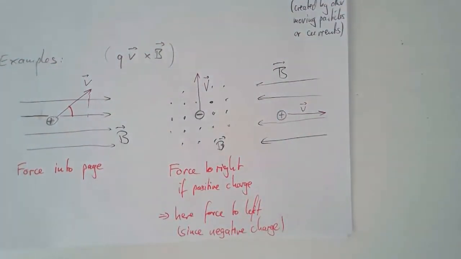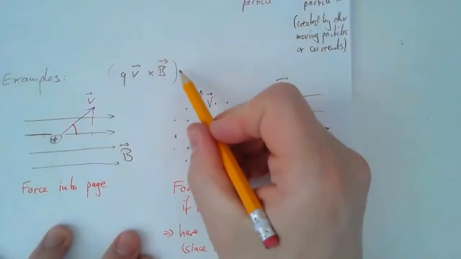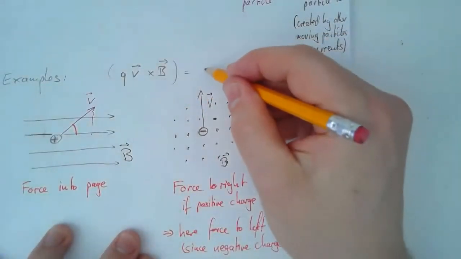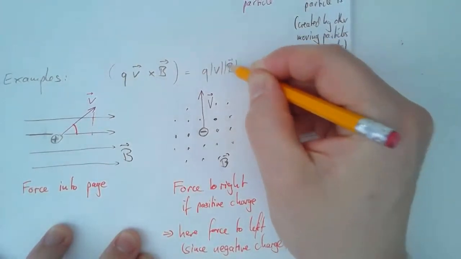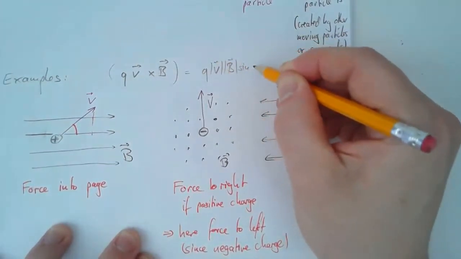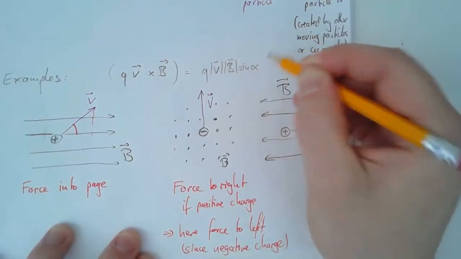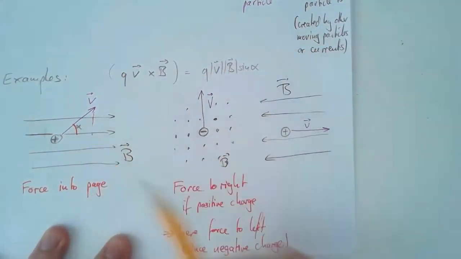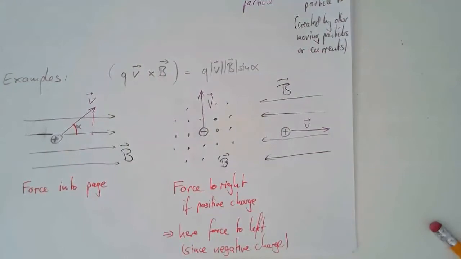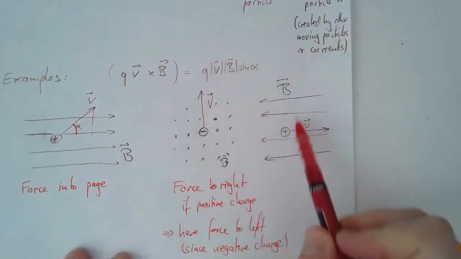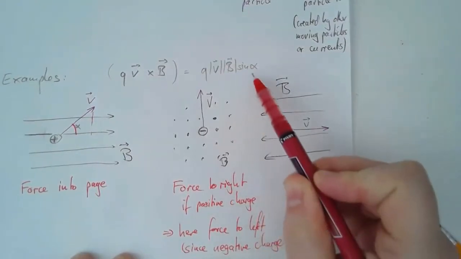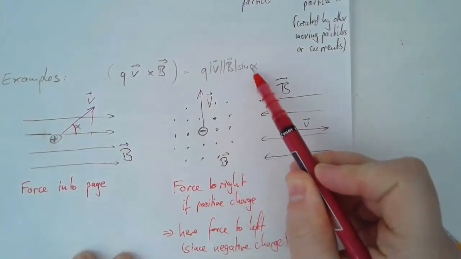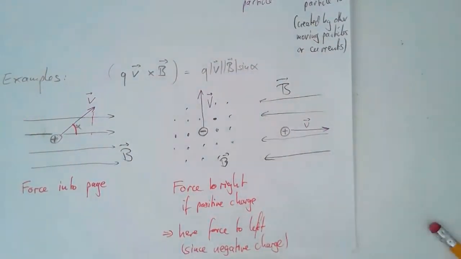Now you can also use this: I could write this as Q times the speed times the magnitude of the B field times the sine of the angle between them. Let's call it alpha. In this case, the angle between V and B is 180 degrees. Sine of 180 is 0.